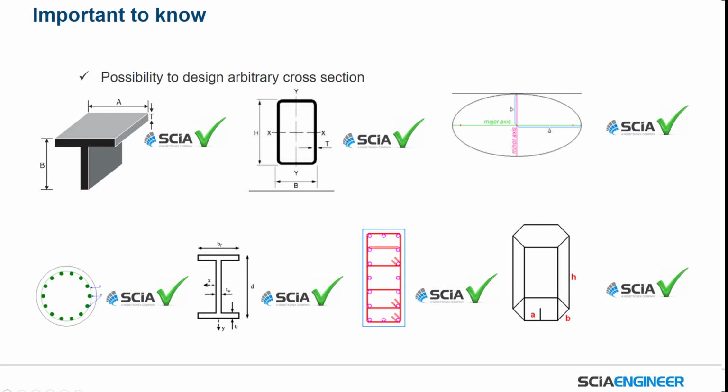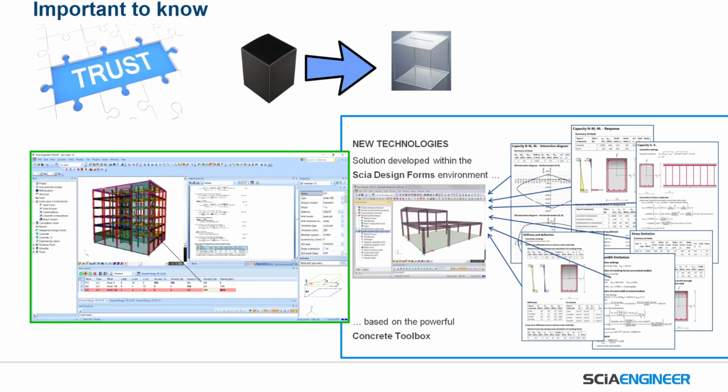Remember, you can design any kind of cross section, no matter how it looks, as long as you can model it in SCIA Engineer and calculate the reinforcement for it. The transparency of the software should be very clear for you to understand what's going on inside the software, so we don't have a black box anymore.